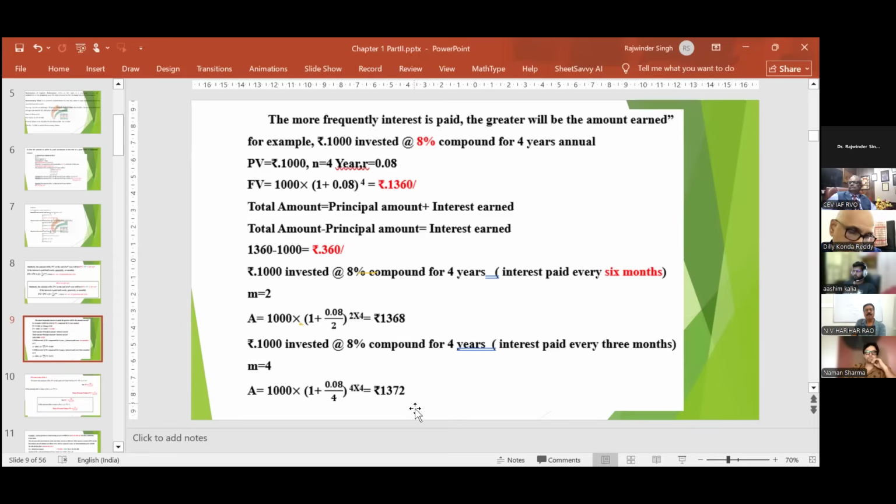This is just an example. You are getting 12 more rupees with 4 compoundings every year. Is it clear? Any doubt?